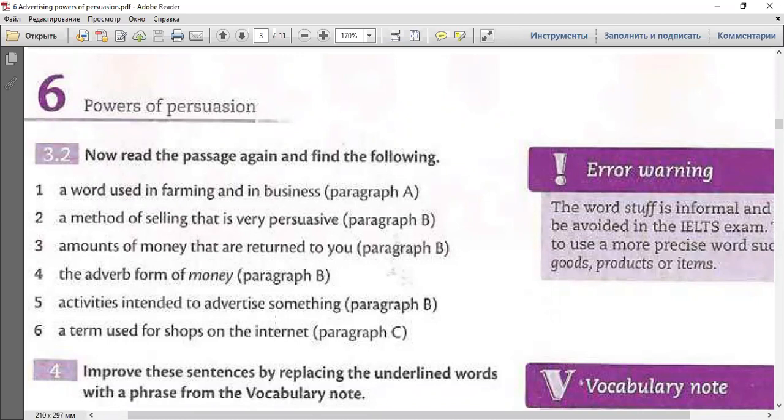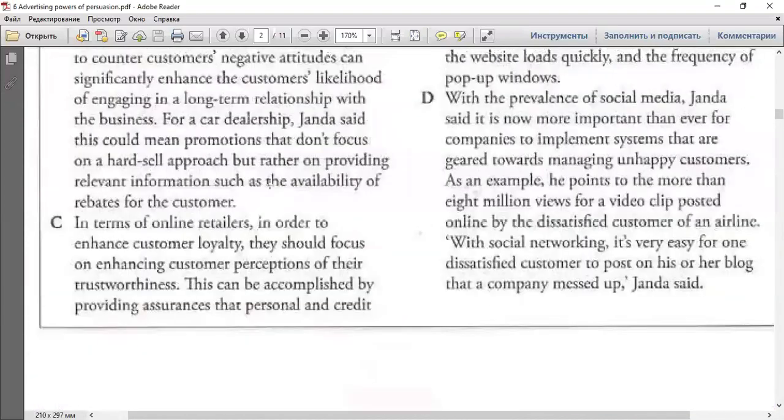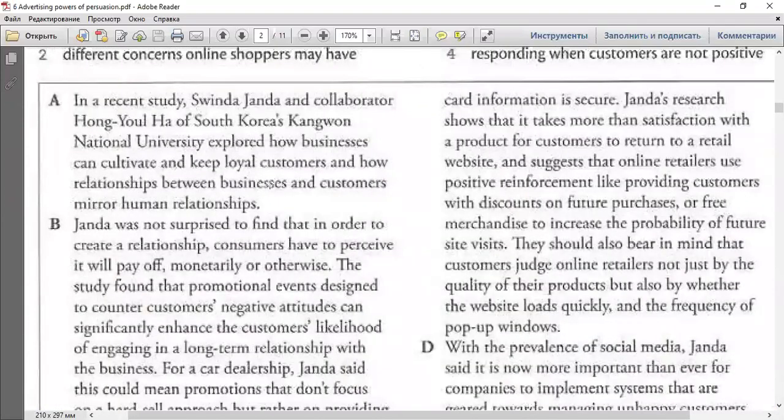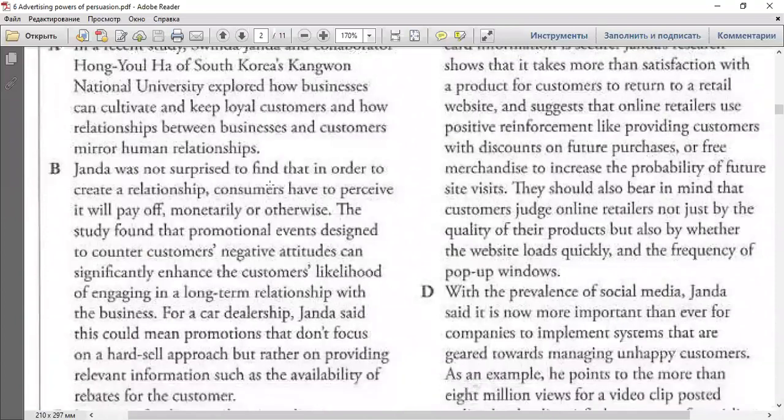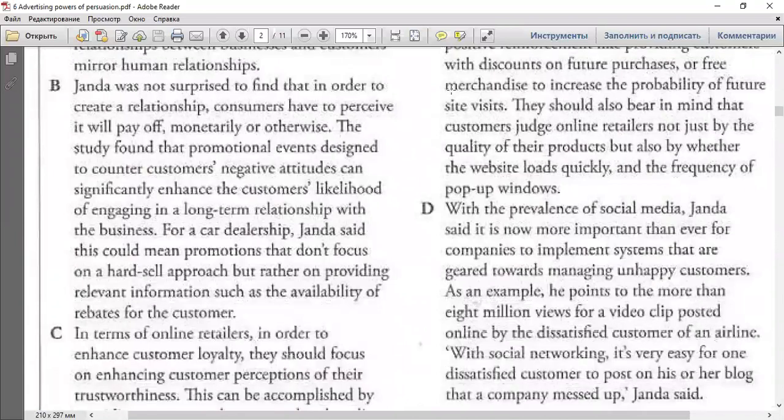Okay, so please find these words in the text. So please use your own file for this and type the answer in the chat box as you're ready.